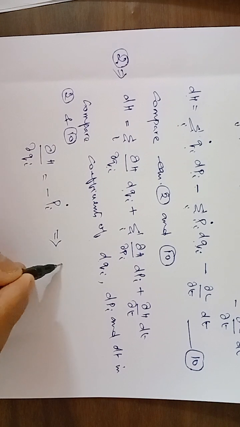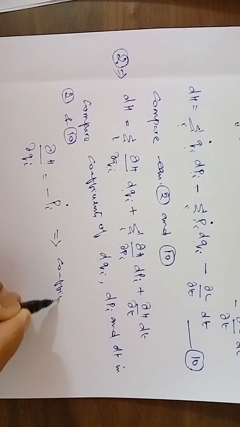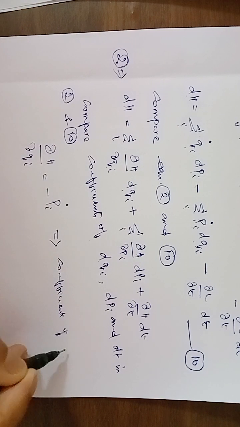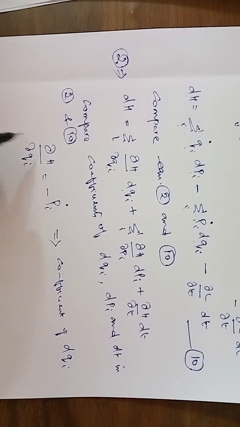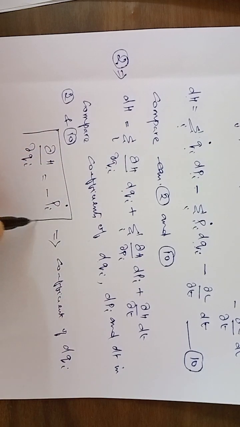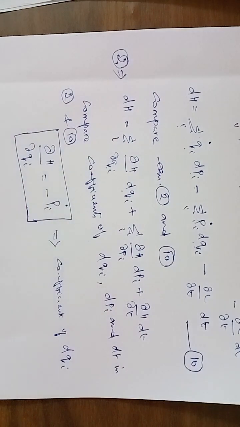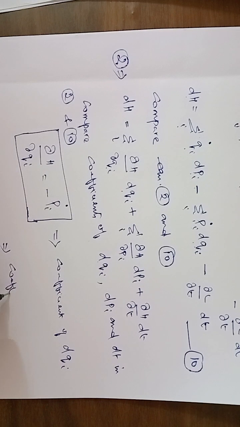This is the coefficient of dqi, and this is one canonical transformation equation. Then what will be the coefficient of dpi?